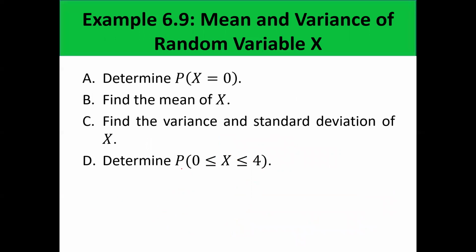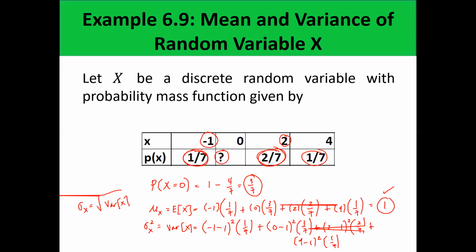Now if we want to get the probability that the random variable x would be from 0 to 4, we go back to the probability distribution table, and we only consider those x values that would satisfy the interval from 0 up to 4. The x values that satisfy this would be x equals 0, x equals 2, and x equals 4.